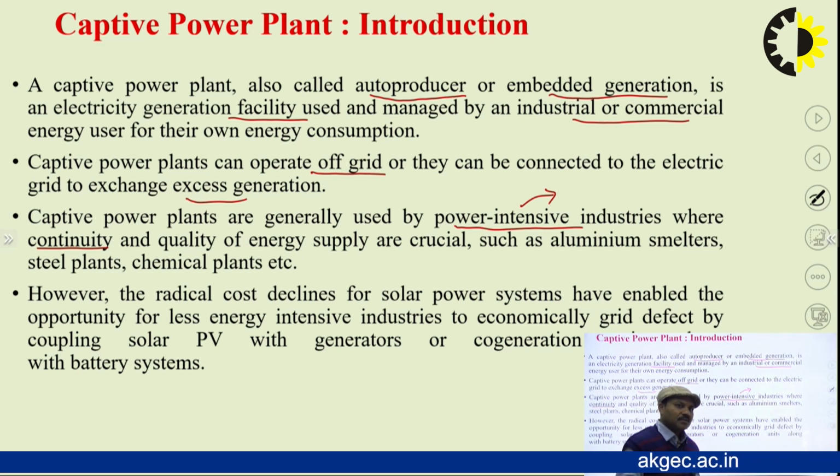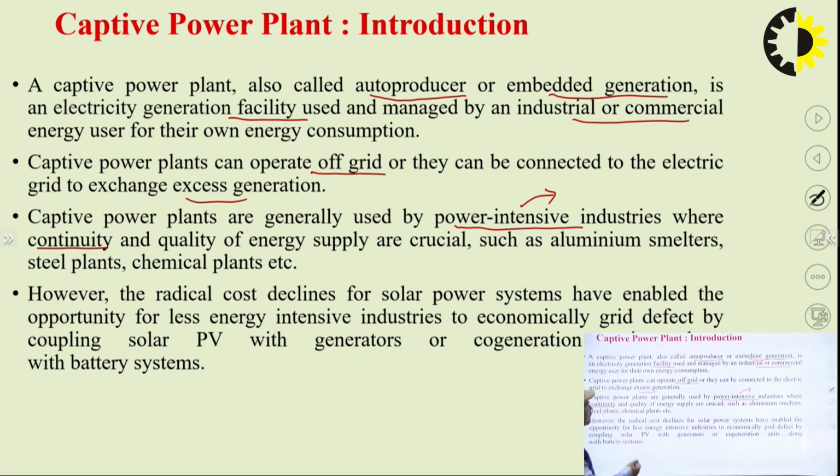This can only happen when we have a captive power plant. So, it is very crucial. As I said, there are some industries, for example aluminum smelters, steel plants, chemical plants, etc. There may be some other types of plant also.